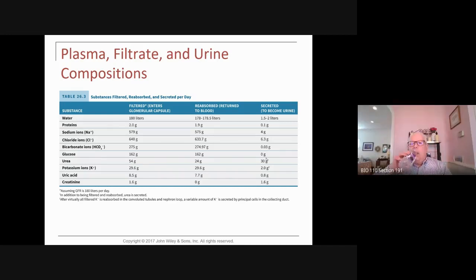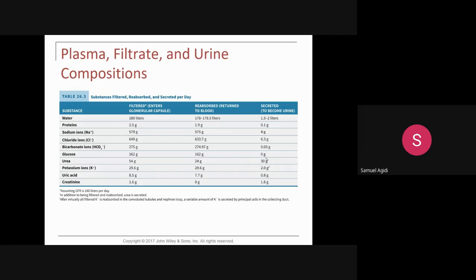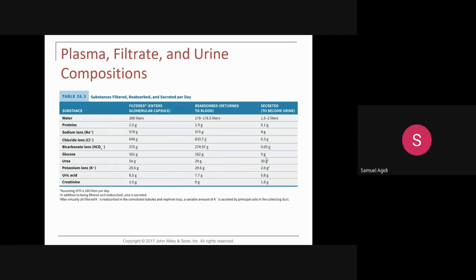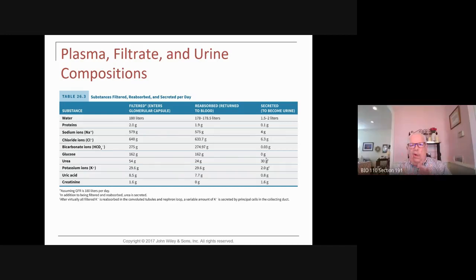Look again. Yeah, it's 640 grams. What's the most abundant substance in your urine? When you go to the bathroom, what's the most abundant substance in your urine?